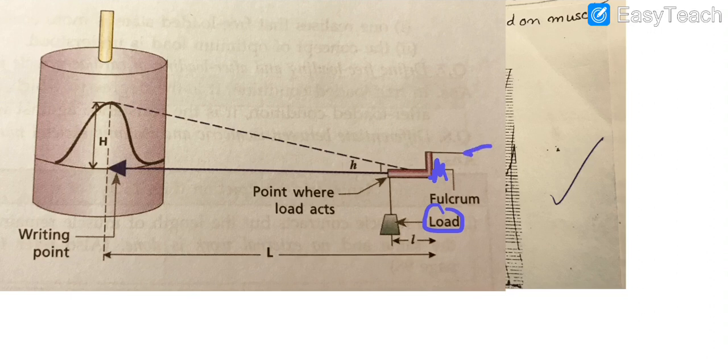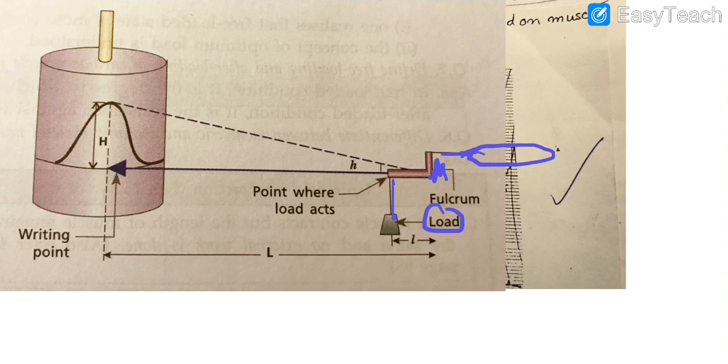The muscle is at this point, and we have hung the load over here, right? What we are recording is this one, on the moving graph. If the graph is stationary, we will get this line. So we are getting the recording of this line in these graphs, but the actual movement of the load is this small h, right?